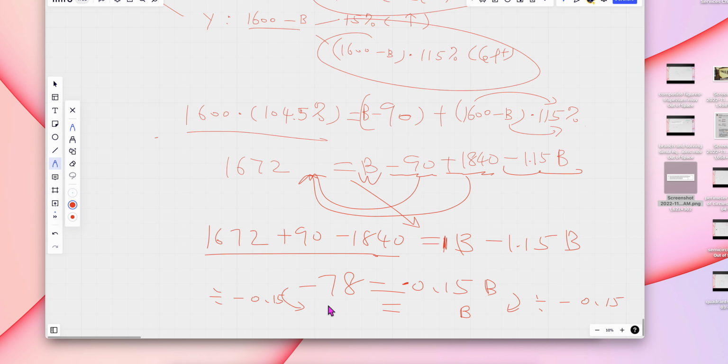So what do you get on the left hand side? And that will give you B. Minus 78 divided by minus 0.15.